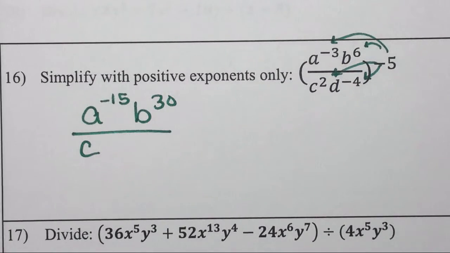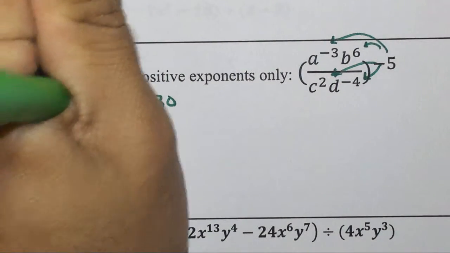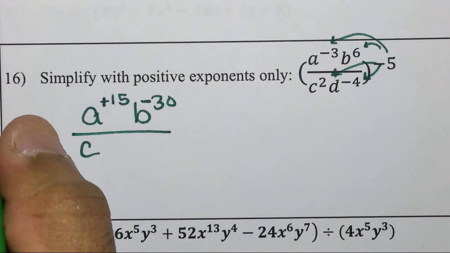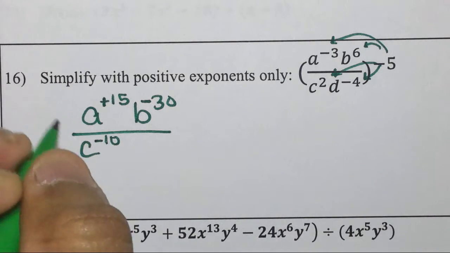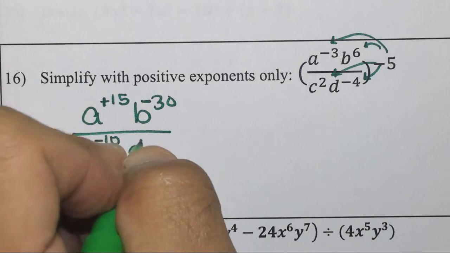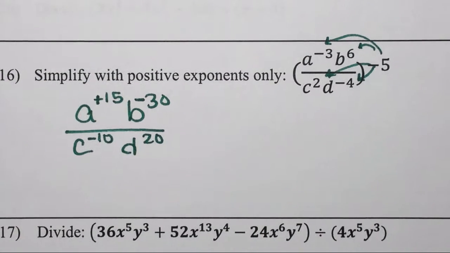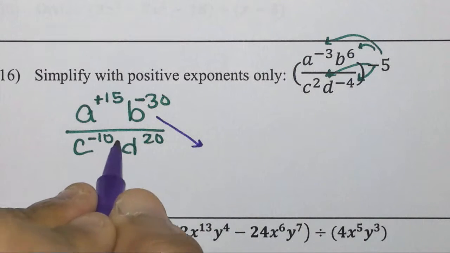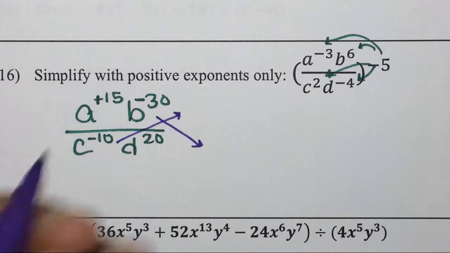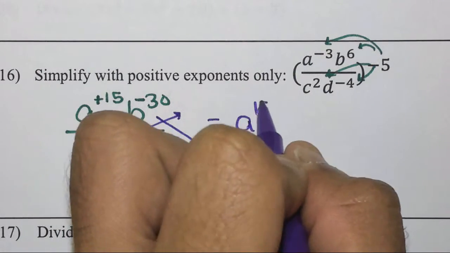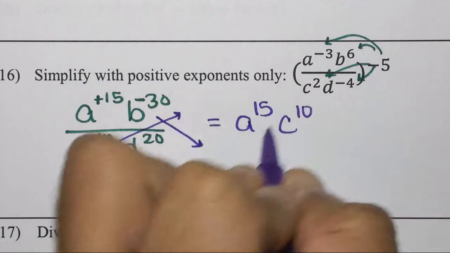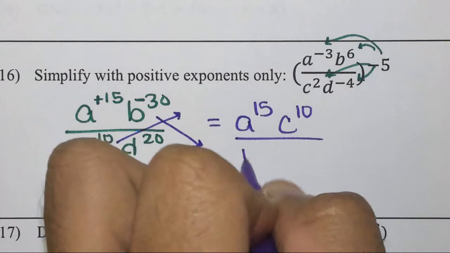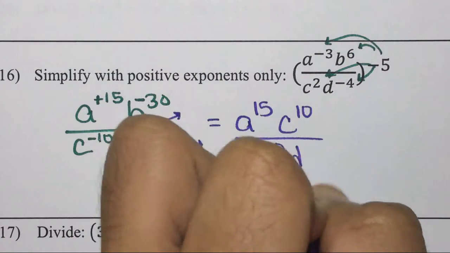Yeah, so this should have been a to the positive 15, b to the negative 30, c to the negative 10, and d to the 20th. So the only thing that I have to move here is this one to the bottom and this one to the top. So I officially have a to the 15th, c to the 10th, over b to the 30th, d to the 20th.